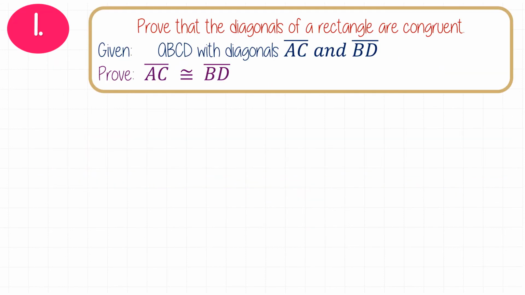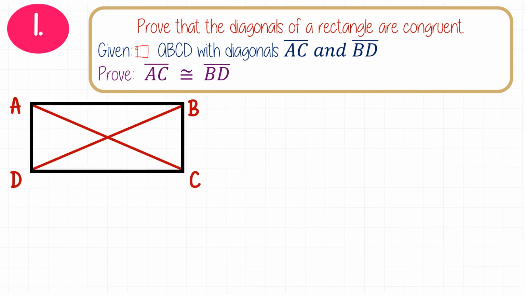Game? Okay. Let us prove that the diagonals of a rectangle are congruent. Patunayan daw natin na ang diagonals ng isang rectangle ay congruent. So, given tayo ni, this is rectangle ABCD with diagonals AC and BD.